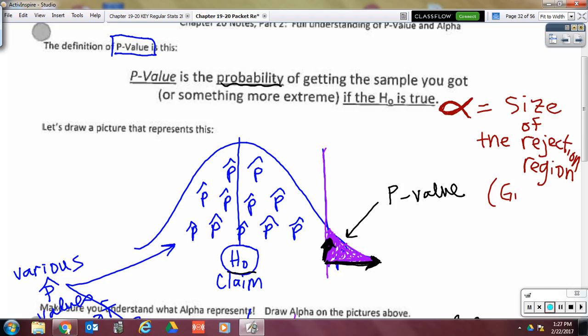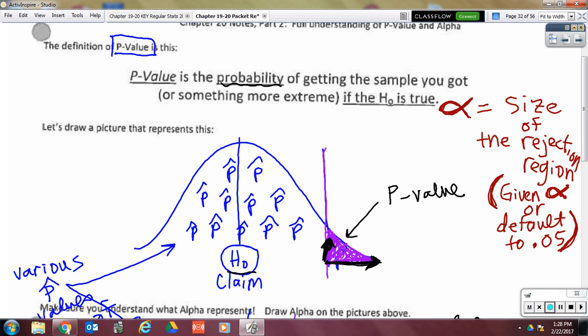You are either given alpha, or if they do not give you alpha, then we default to 0.05, 5%. So that there's less than a 5% chance of having something happen, then our sample is in the rejection region. Okay? So the size of the rejection region is what alpha represents. And so you are either told that by the person who wrote the problem, or it is a default.